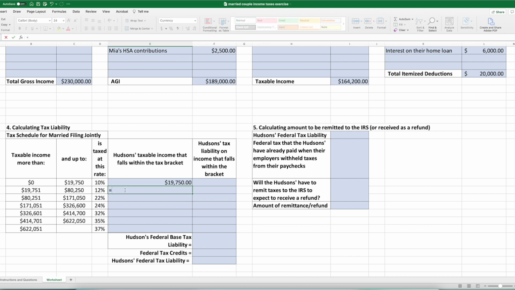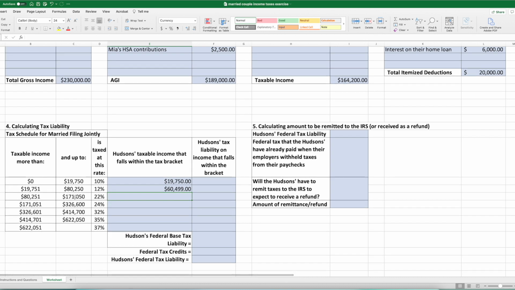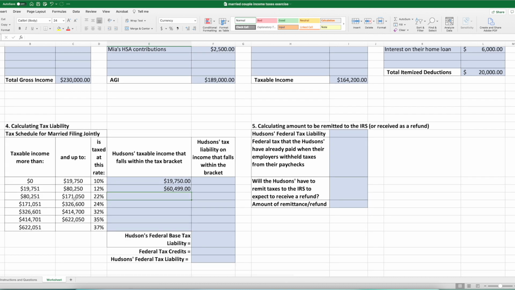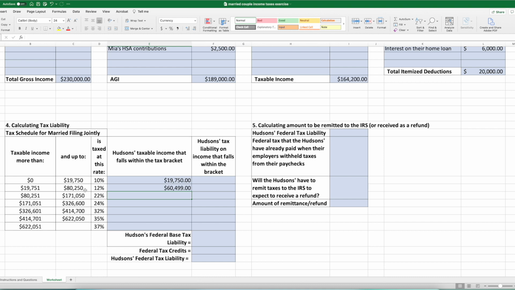So the taxable income that's going to fall in this tax bracket is the upper limit minus the lower limit. So $60,499 of their taxable income is going to fall into this second bracket. They're going to have more taxable income left over to pour into the next bracket because their taxable income exceeds the upper limit of this tax bracket.